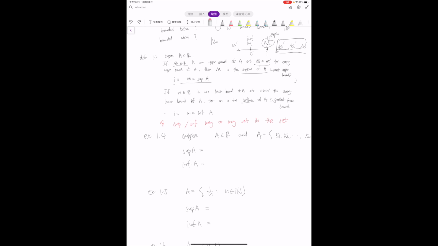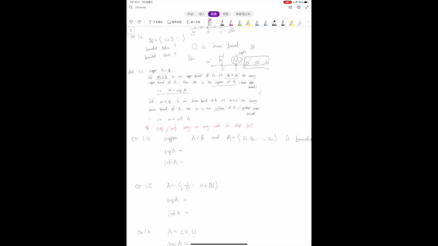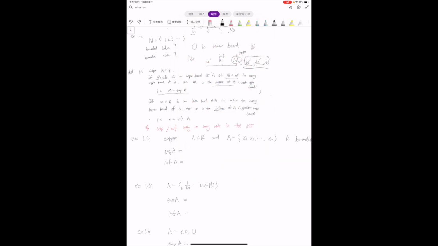For example, if we have an open interval from 0 to 1, the supremum will be 1 and the infimum will be 0.